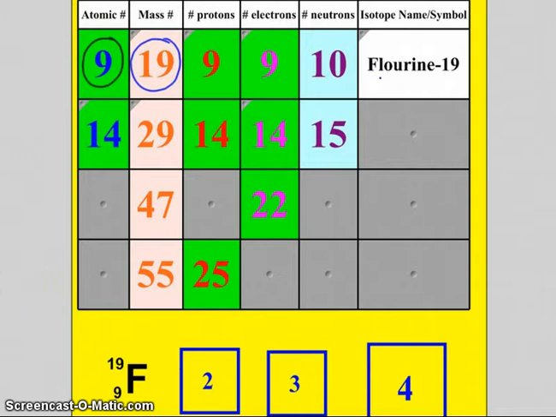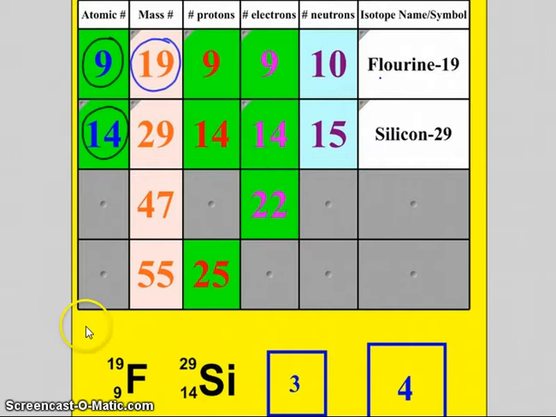Again, I focus on my atomic number to take me to the periodic table. Element number 14, silicon, Si. So my isotope name is silicon 29, 29 being the mass number. And then down here under square 2, I see my symbol, Si, with the 29 and the 14.